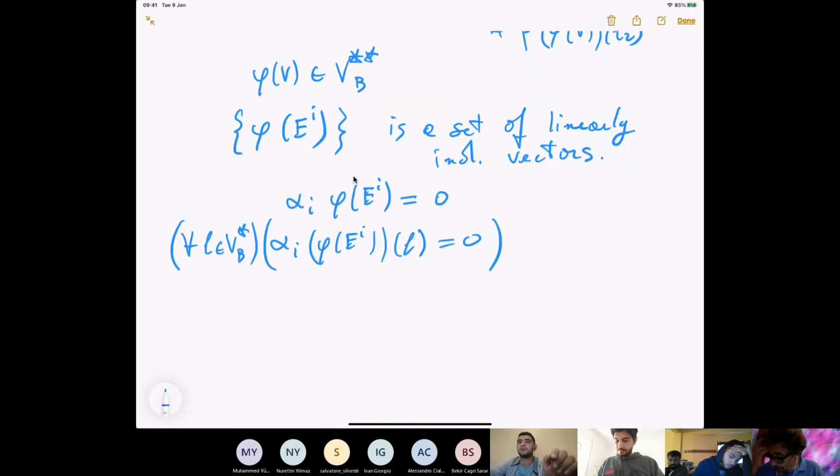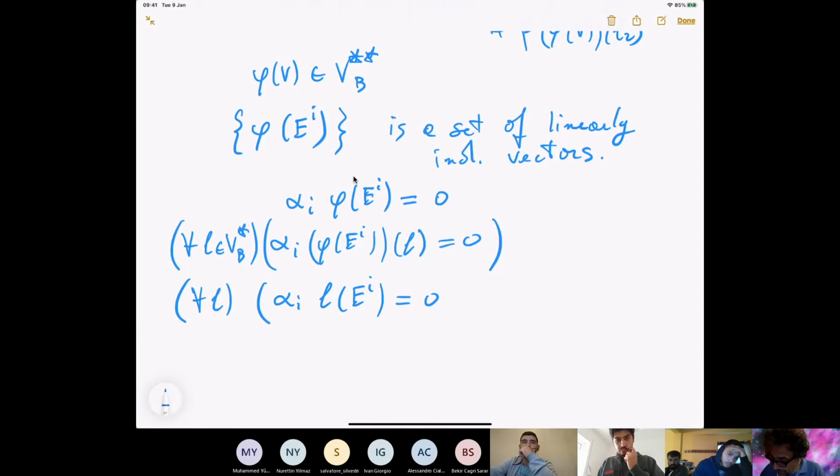By definition, again, we have that alpha I L E I is equal to 0 for every L. Okay.